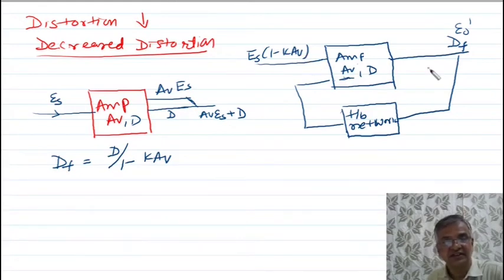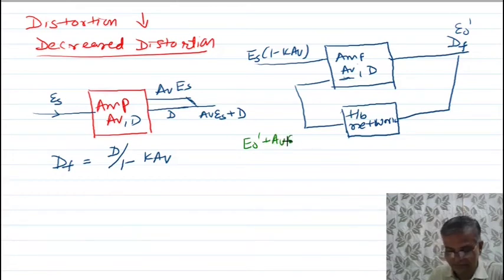Then you can get the same output. So let us suppose we have increased the input signal ES by 1 minus KV times. So EO dash and AV ES will be the same.